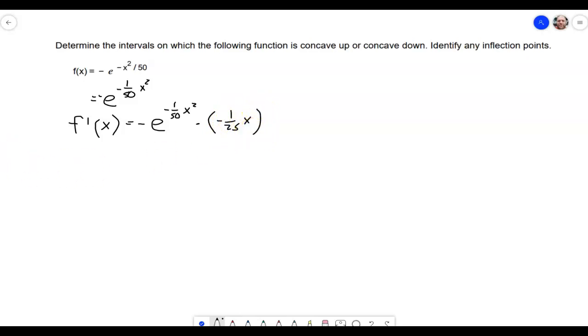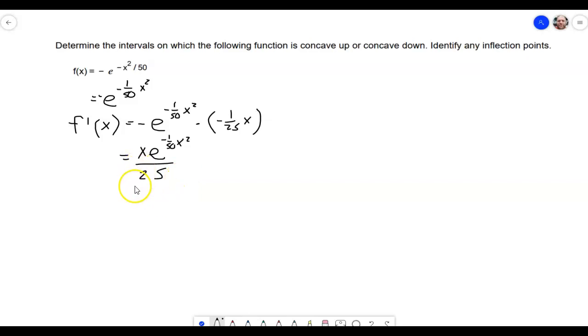Then putting those together, the negatives cancel out, and I'll have e to the -1 over 50 x squared, and I'll take this x here, bring it there, and bring the 25 and put it down here. So this is the first derivative right here: x e to the -1/50 x squared all over 25 when I simplify that.